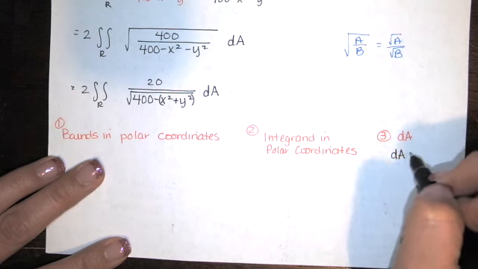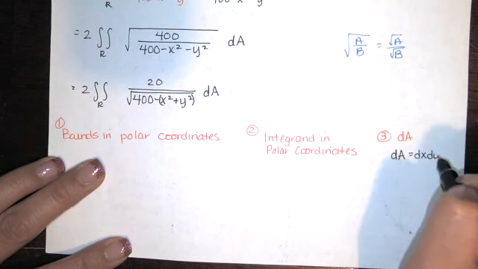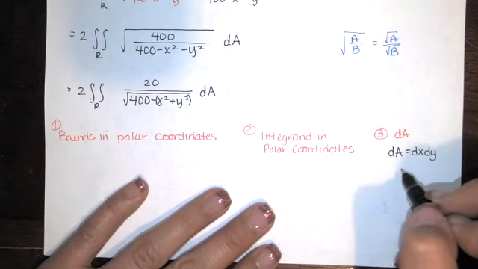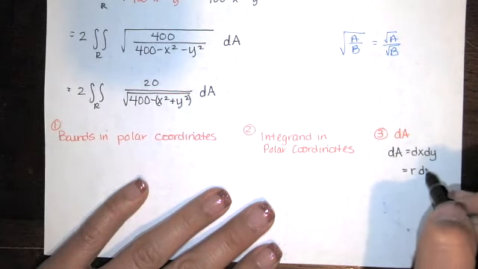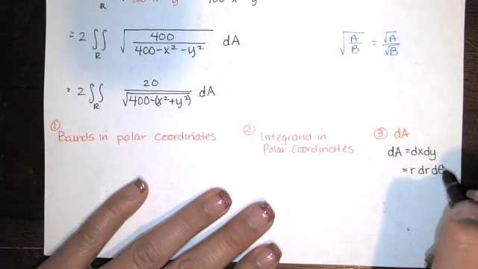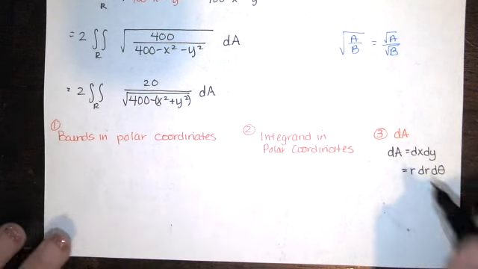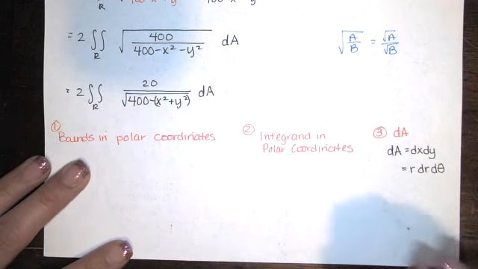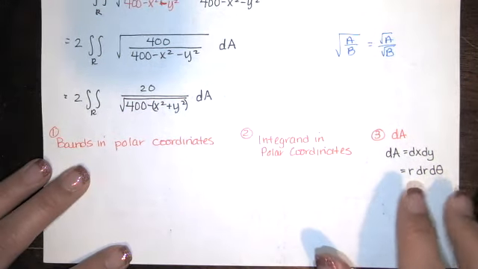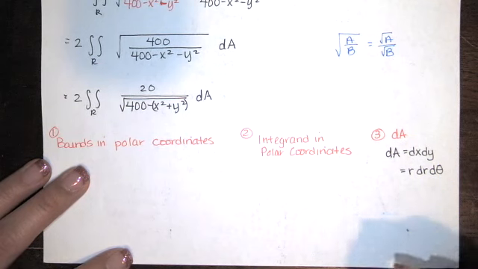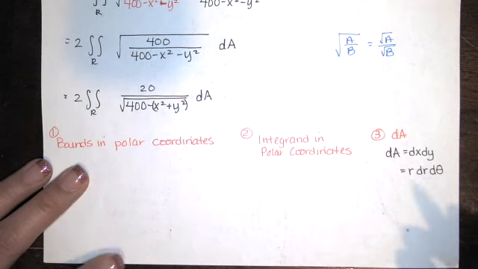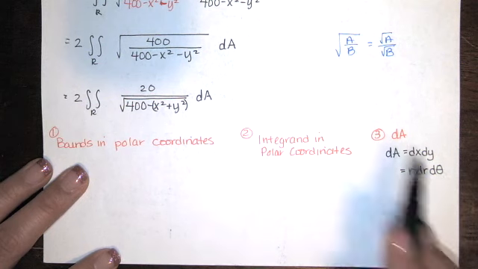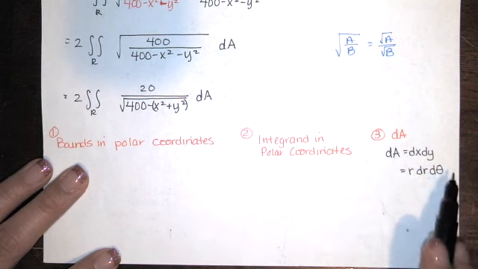Now dA used to be dx times dy. It turns out that if you switch to polar coordinates, dA is equal to r times dr d theta. And of course you could change the order if you wanted to. We derived that when we came up with that area piece and we studied polar coordinates. We derived that in class, and there's also the derivation of that in the videos for polar coordinates on the Calculus 3 playlist. So we've got our dA that used to be dx dy. We're going to replace that with r dr d theta.